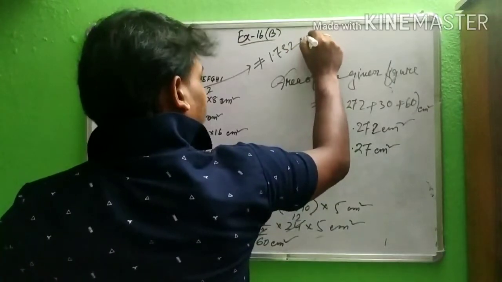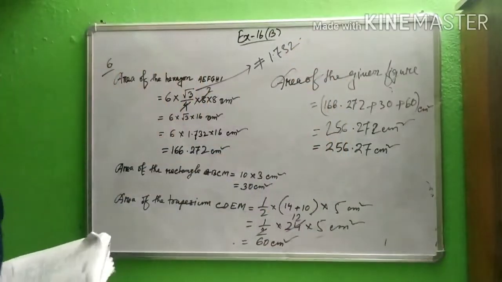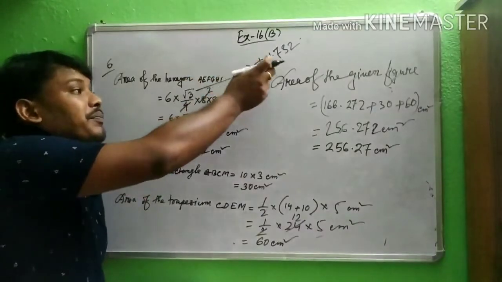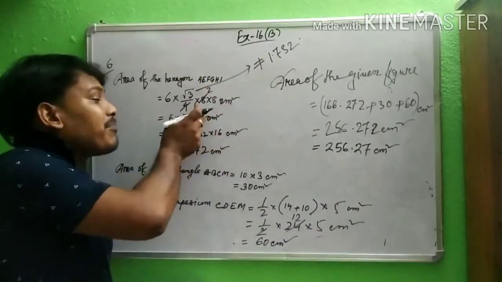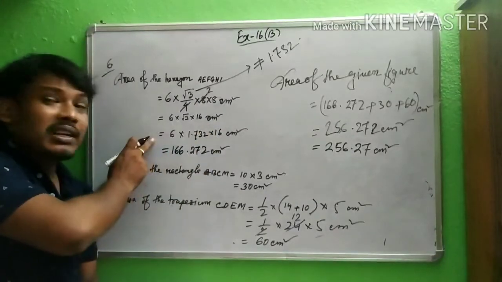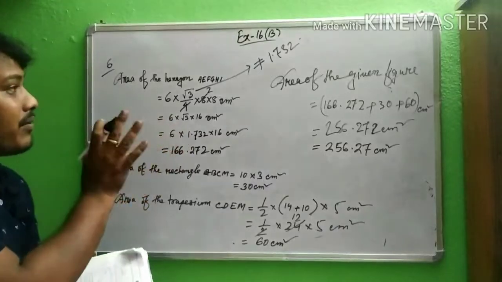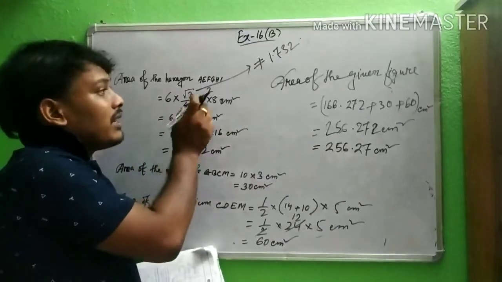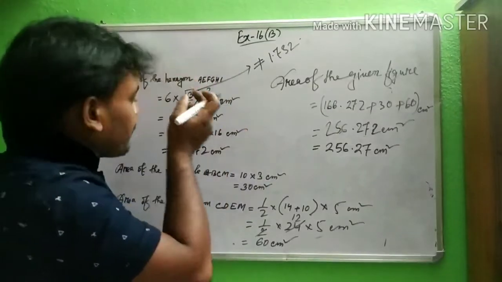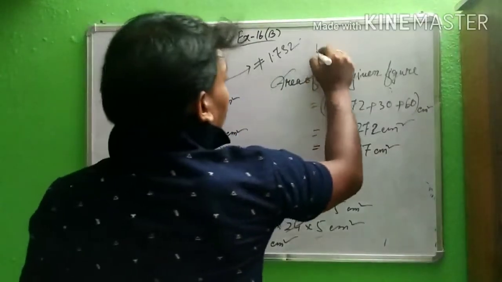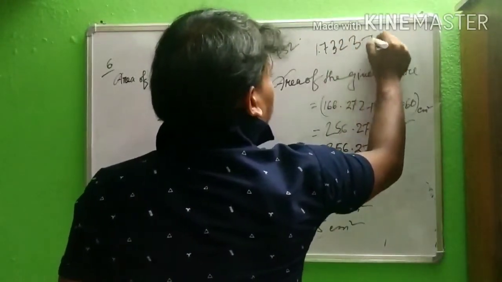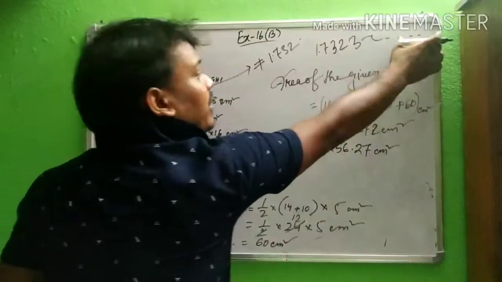And one most important thing: the value of root 3 is not equal to 1.732. For calculation purposes, we take an approximate value of root 3, but we do not write the approximation sign here, because the value goes on up to infinity.